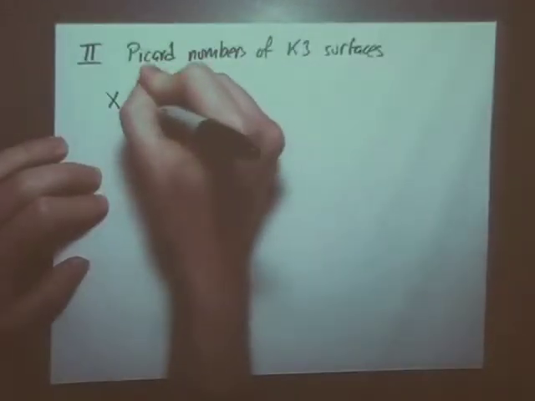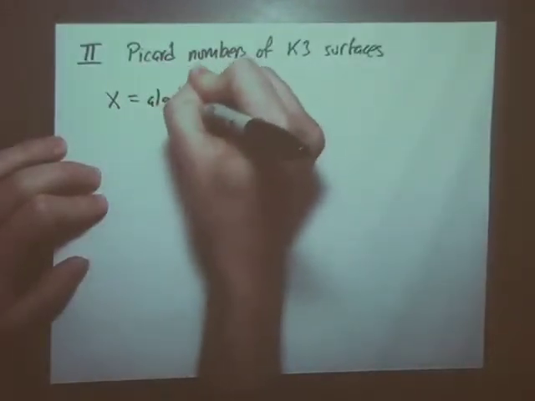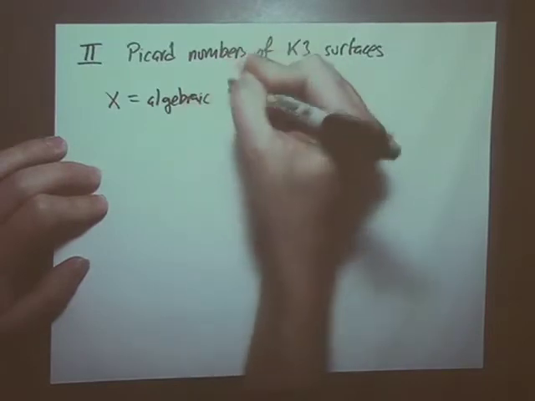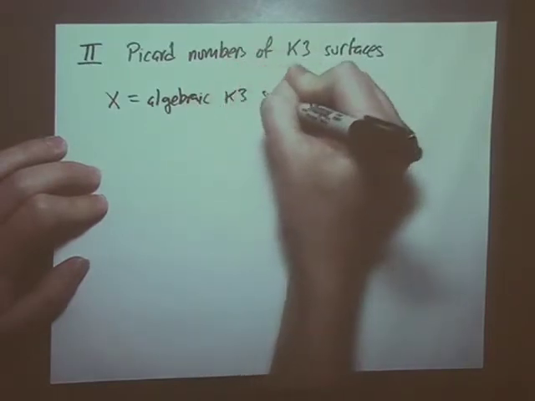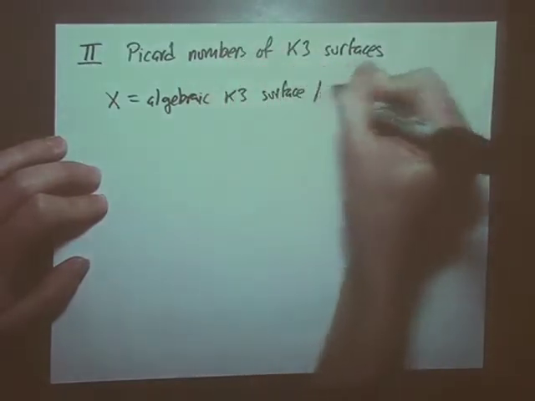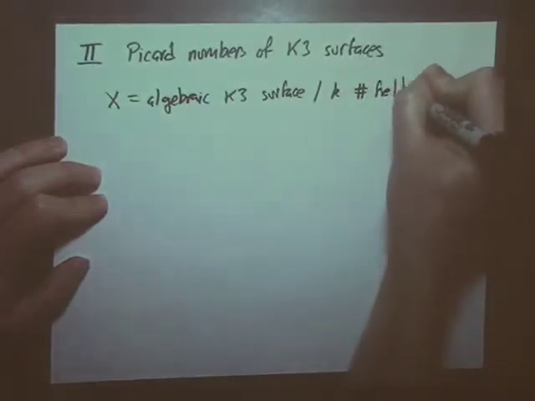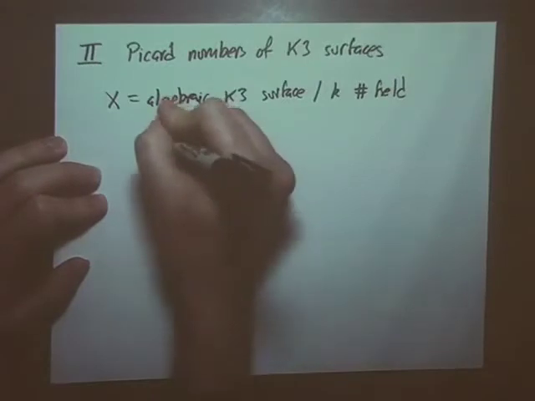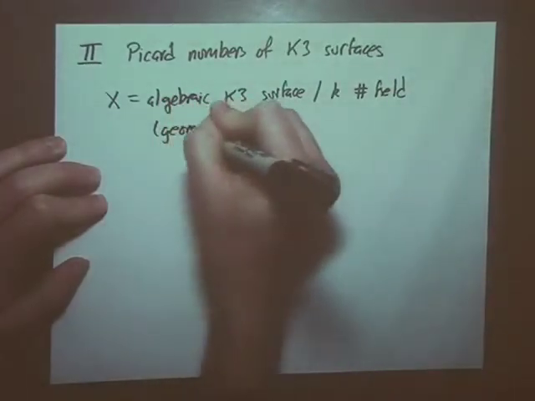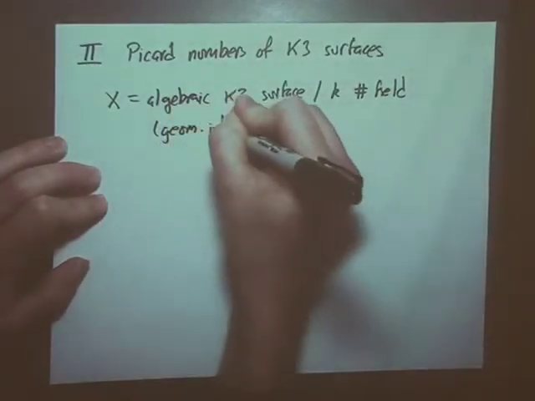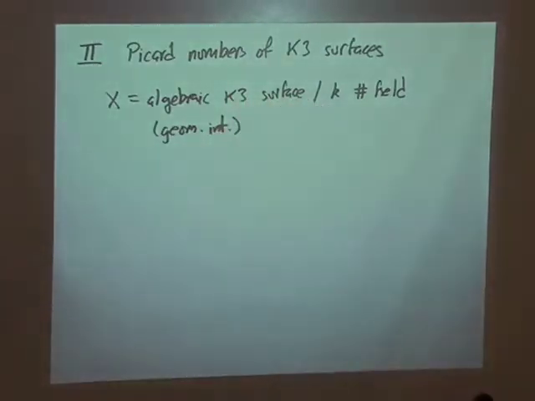So X is going to be an algebraic K3 surface over K, and K is going to be a number field to begin with. I should say, yesterday I was working over an algebraically closed field, and so I said integral, and now I'm not going to be working over an algebraically closed field, so I want geometrically integral.